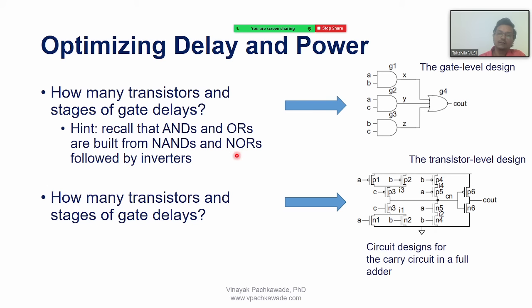We know that ANDs and ORs logics, they are always built from NANDs and NORs followed by inverters. We know that, right? So that's your logic. Tell me how many transistors will you take as a circuit designer, and once you implement, what are the stages of gate delays?